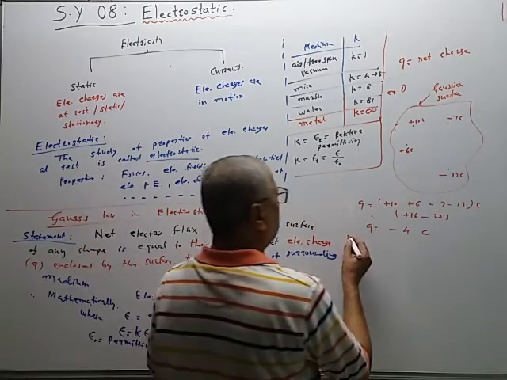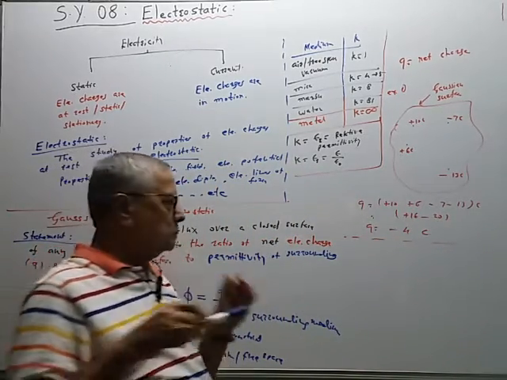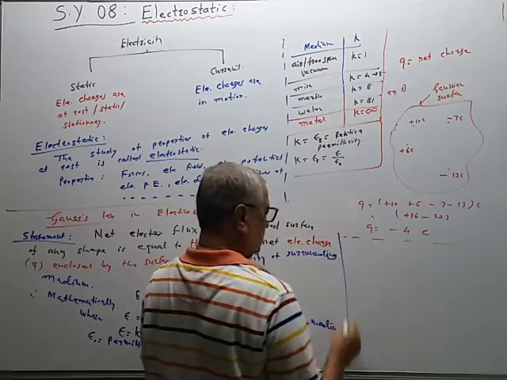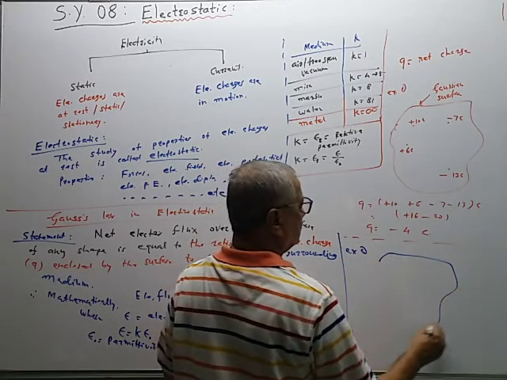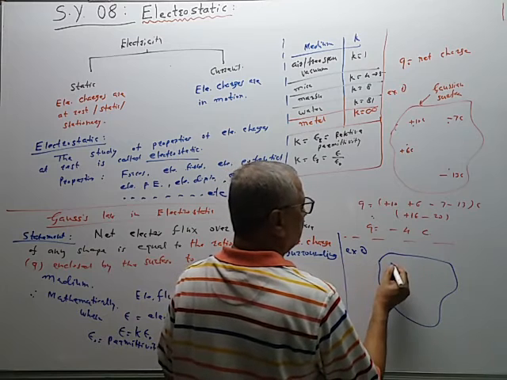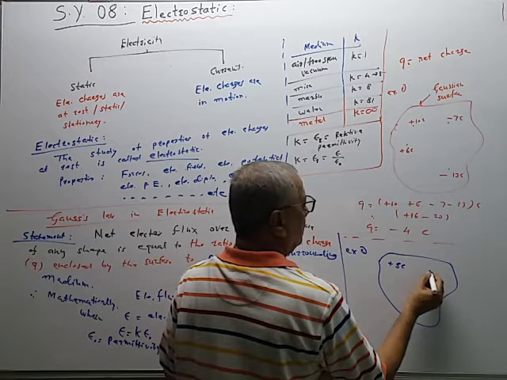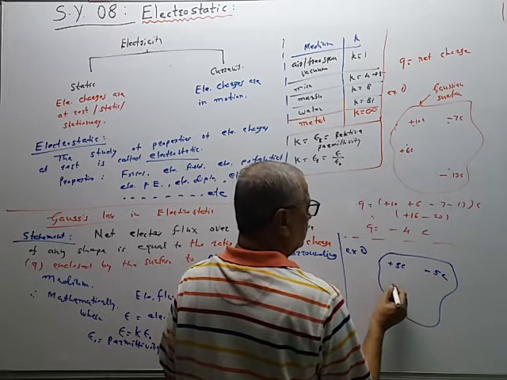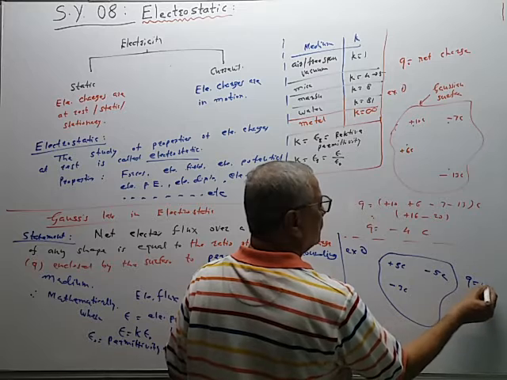So net charge may be positive, may be negative, or even it may be 0. This is one example. Now we will consider the second example. This is the Gaussian surface. Say this charge is plus 8 coulomb, this is minus 5 coulomb, this is minus 3 coulomb. So in this case, Q is equal to 0.